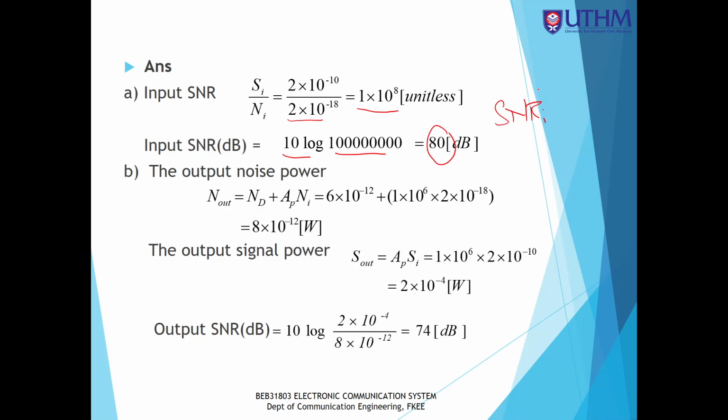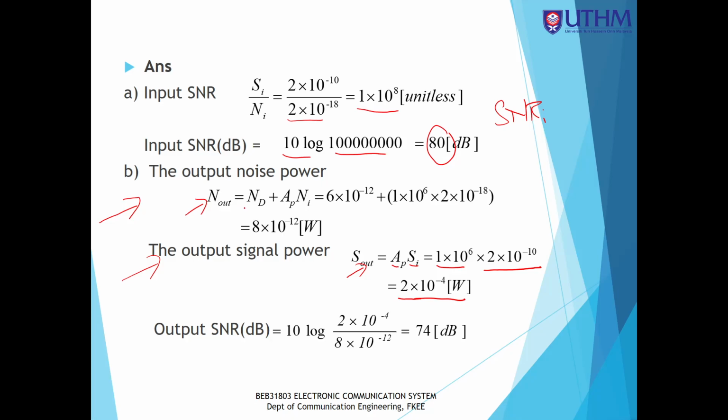Senang untuk cari. Then we need to find the output SNR, SNRO. I would suggest you first find the output signal power because this is very easy. S out, the output signal power, is the gain multiplied by the input signal power. Gain is 1 times 10 power of 6 multiplied by the input signal power 2 times 10 power of minus 10. So you get 2 times 10 power of minus 4 watt. And then find the output noise power.